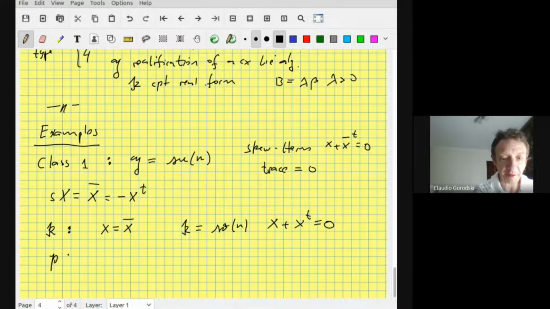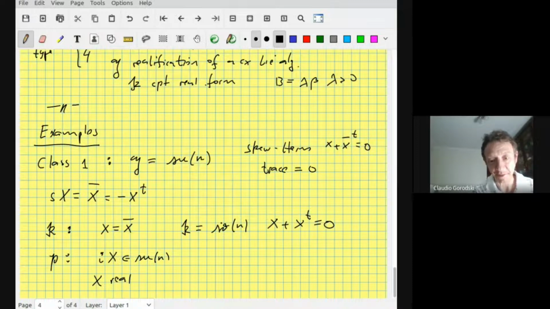What about P? So P will be the pure imaginary matrices, square root of -1 times X, where X is real, right? We want this to be in SU(n).